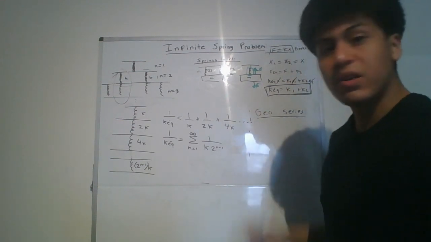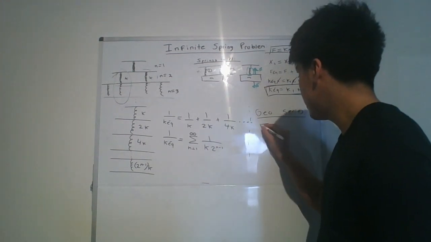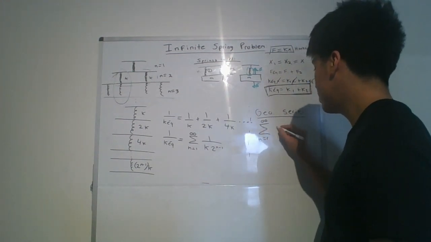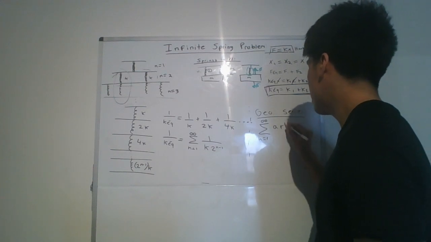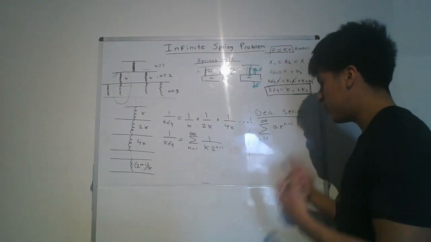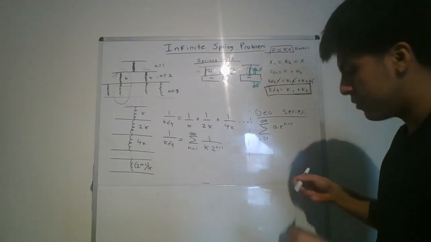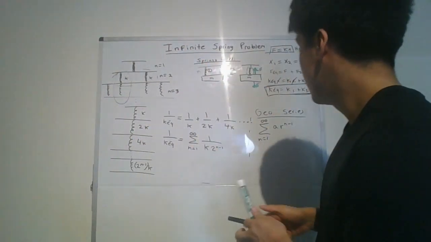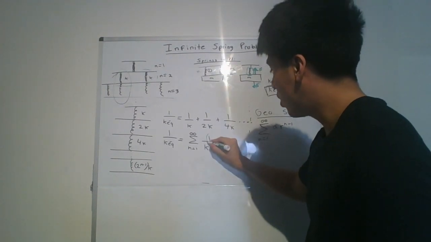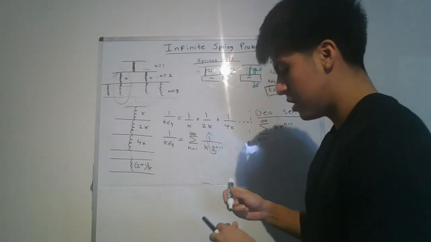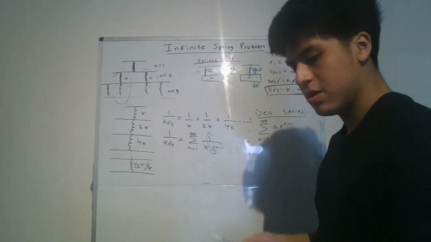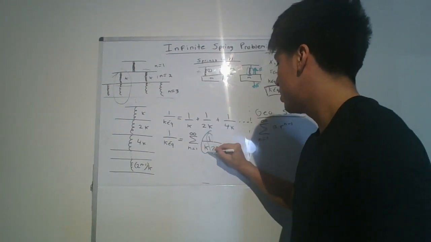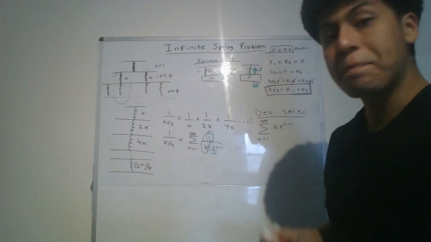Now, geometric series are in the form of the infinite sum from n is equal to 1 to infinity of a times r to the n minus 1. In this case, our r is equal to 1/2, and our a, which is the constant it's being multiplied by, is equal to 1 divided by k.